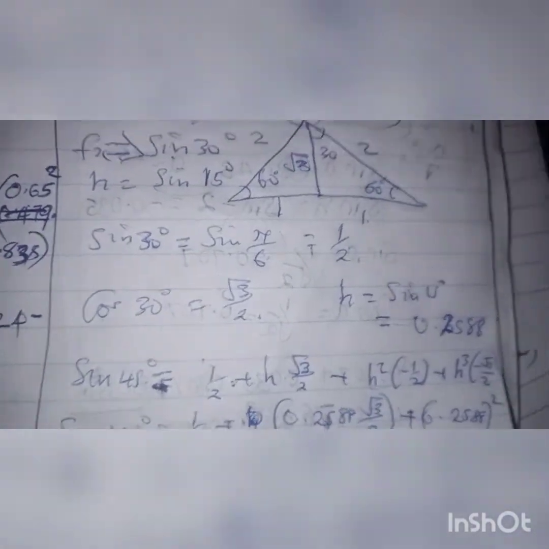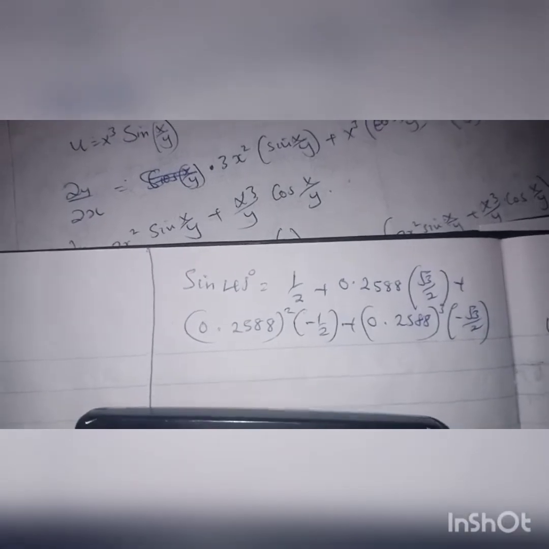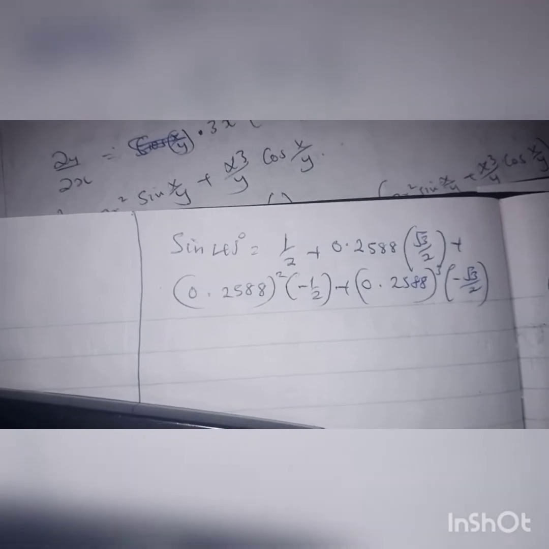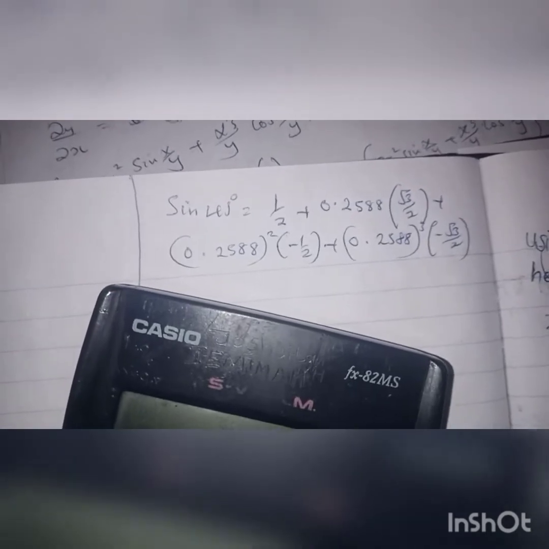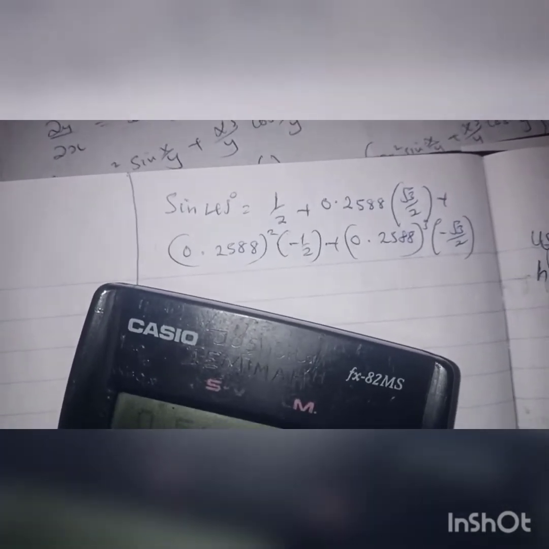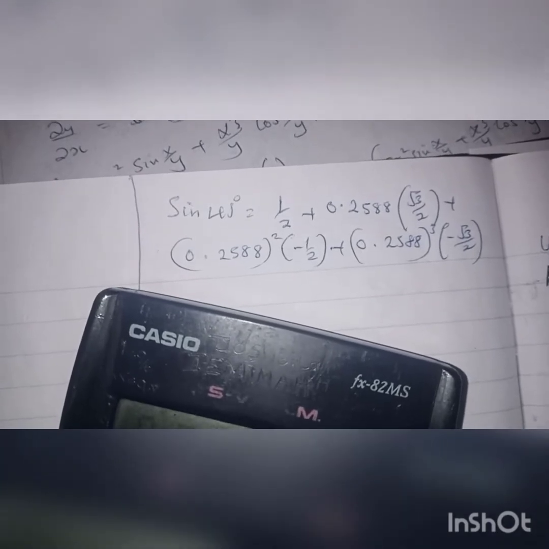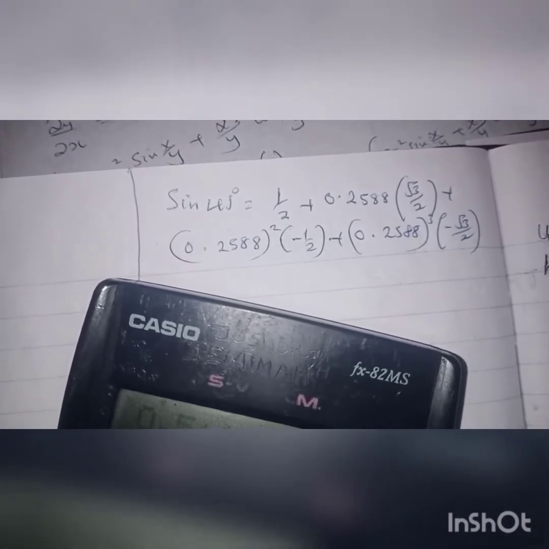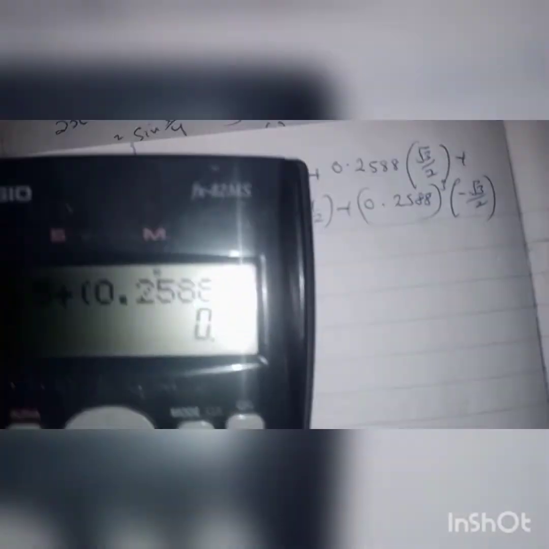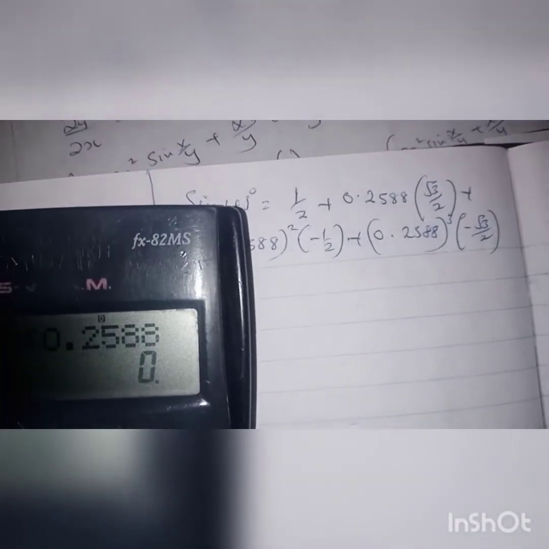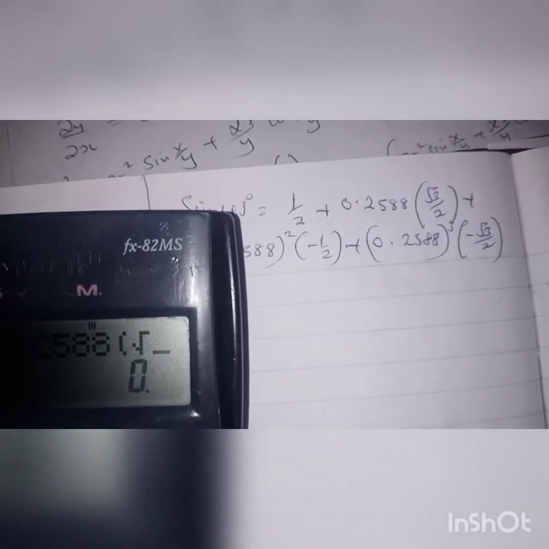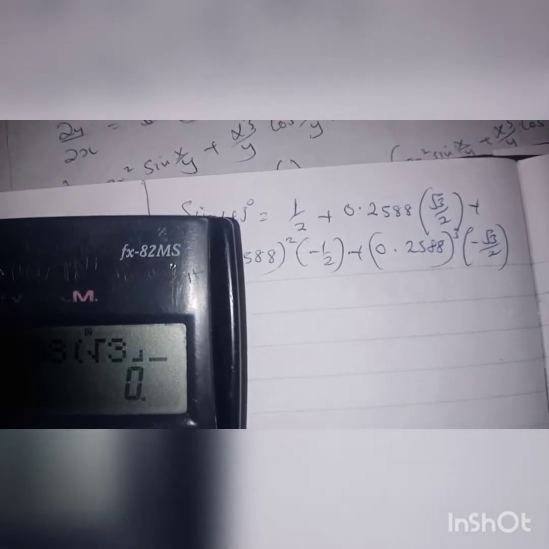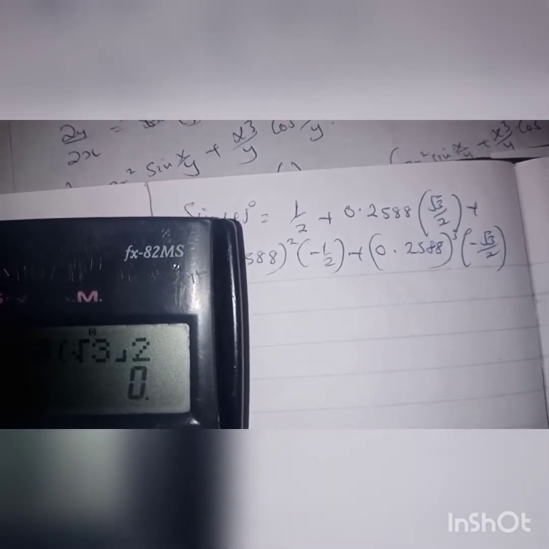So using your calculator, our sine of 45 can be obtained using that expression. We take a half, which is 0.5, plus, open your brackets, 0.2588 multiplied by, open your brackets, root of 3 over 2, close your brackets.